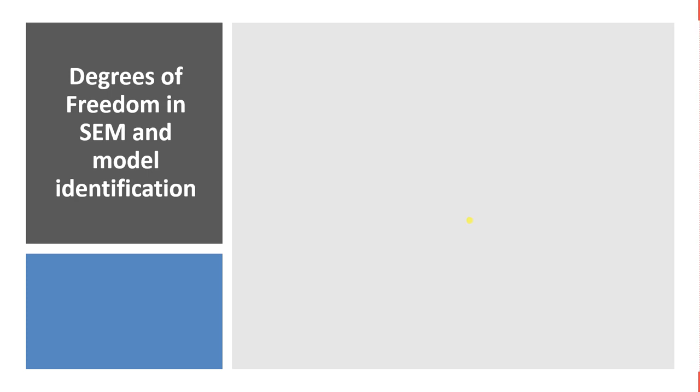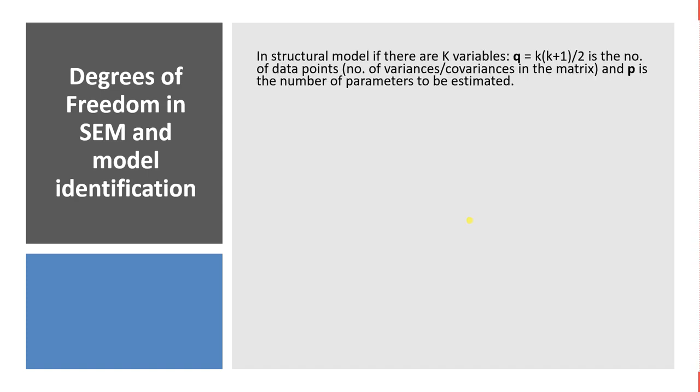And as you might have noted, it is linked with degrees of freedom. If the degrees of freedom is zero, the model is saturated or just identified. If the degrees of freedom is positive, then the model is over-identified. And if degrees of freedom is negative, then the model is under-identified.